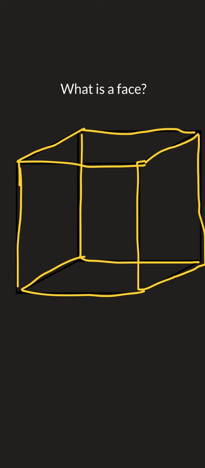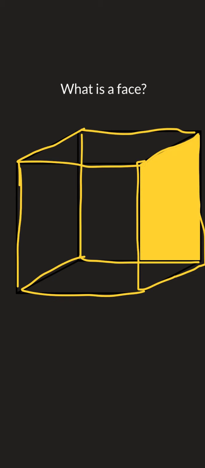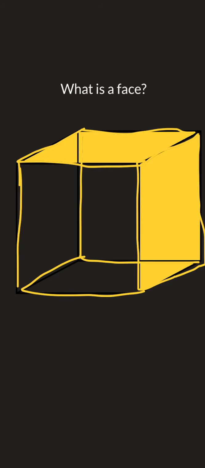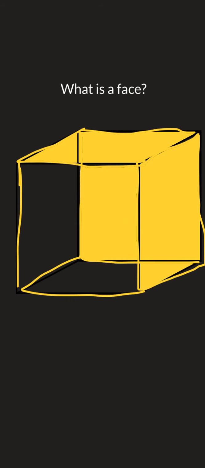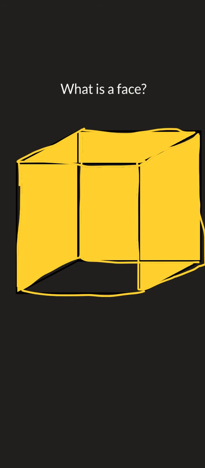So let's try and fill in some of these faces. Here's one at the side. It's one face. There's one at the top, that's the second face. There's one at the back, that's the third face. There's another one at the side, which is its fourth face. And there's one at the bottom, which is its sixth face.